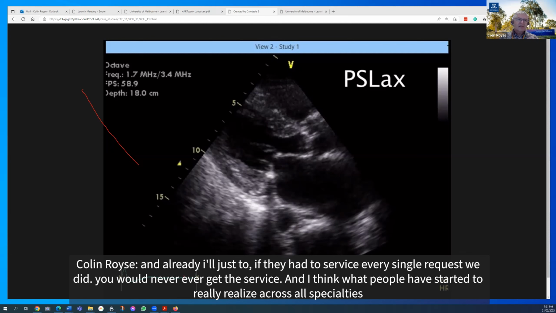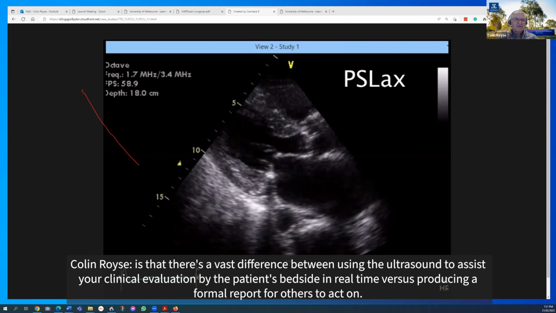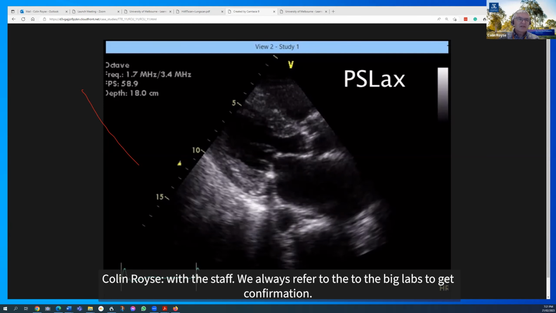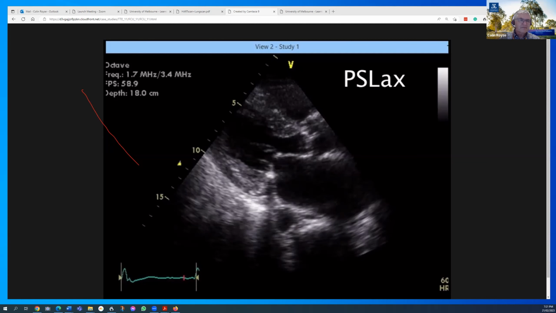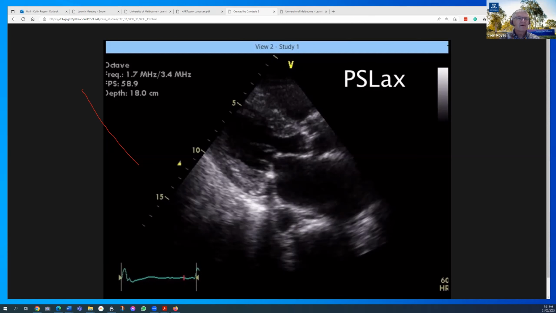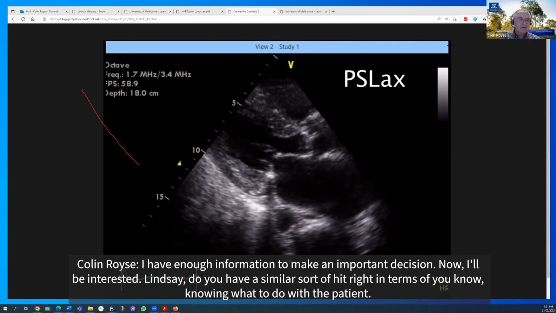I think what people have started to really realize across all specialties is that there's a vast difference between using the ultrasound to assist your clinical evaluation by the patient's bedside in real time versus producing a formal report for others to act on. I think that's a big differentiator. When there's doubt, we always refer to the big labs to get confirmation. But I reckon in my practice, 95% of the time, I have enough information to make an important decision.